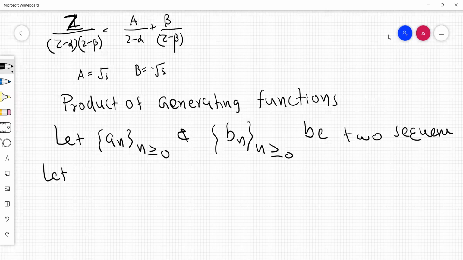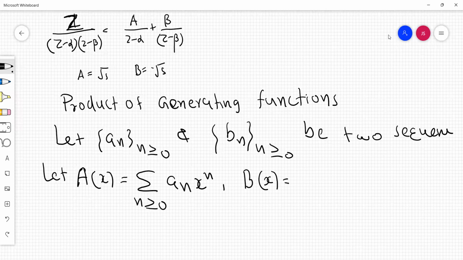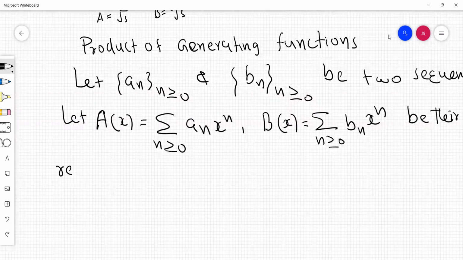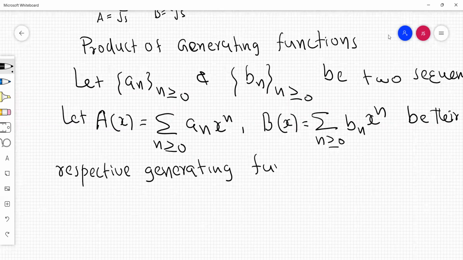Let A(x) and B(x) be their respective generating functions.